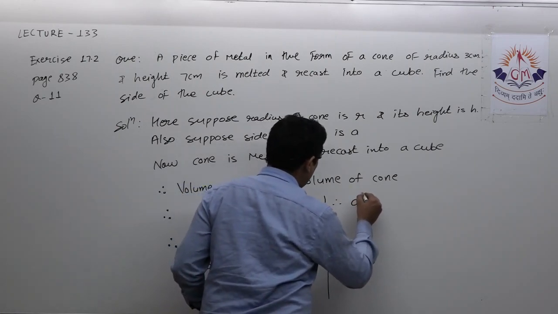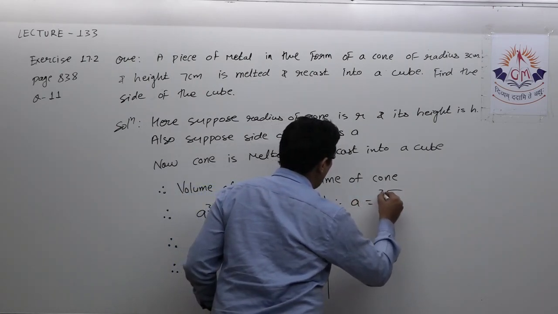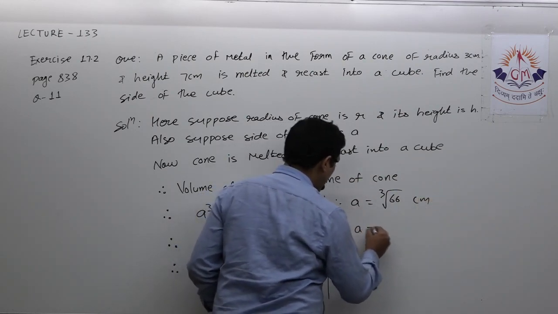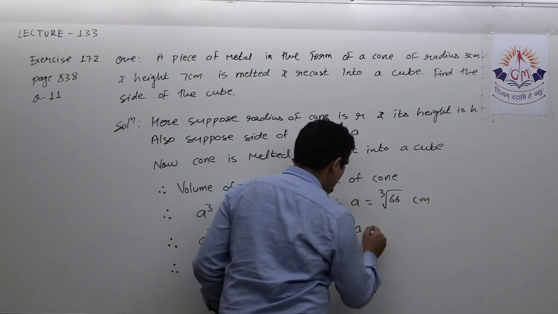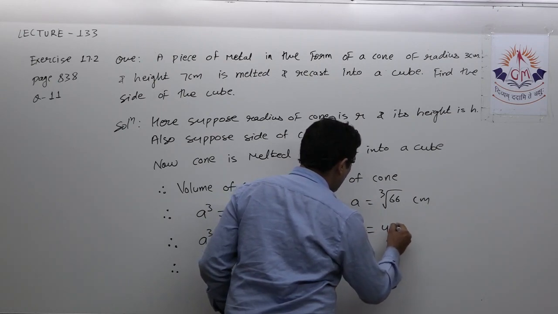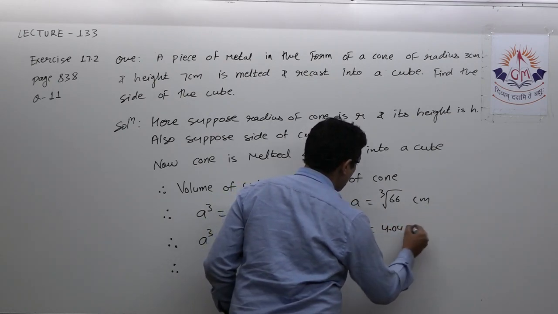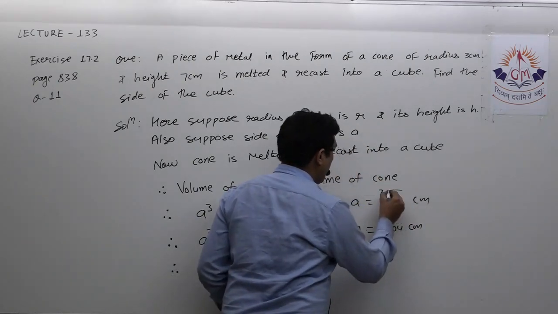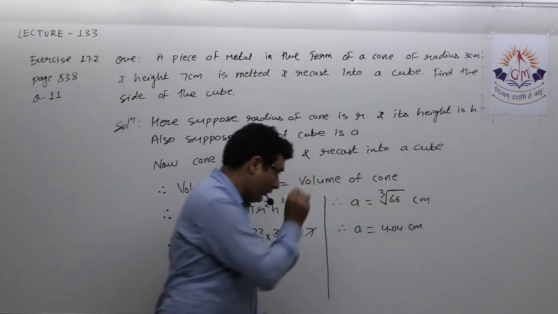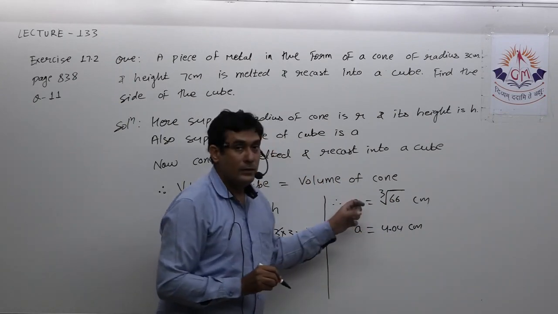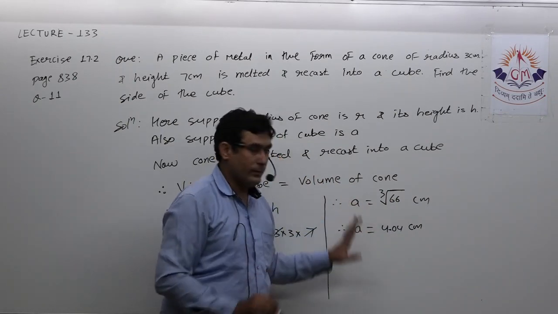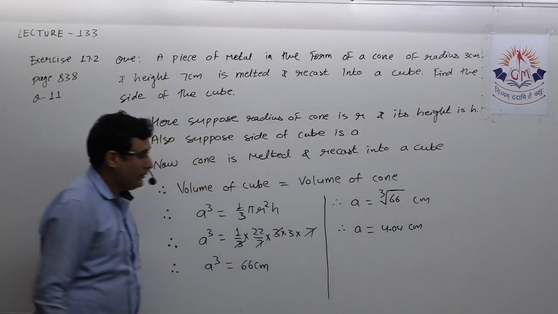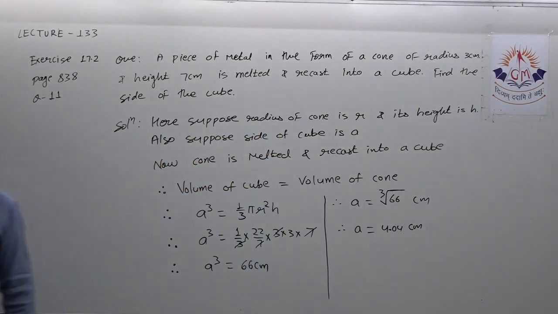Therefore either I write a is equal to cube root of 66, or if I have to find the approximate value, this should be near about 4 point something, 4.04 centimeter. Either answer is correct, because it is not possible to find the cube root of a number which is not a perfect cube. So this is the final answer. Please note it down, then we will see the next question.